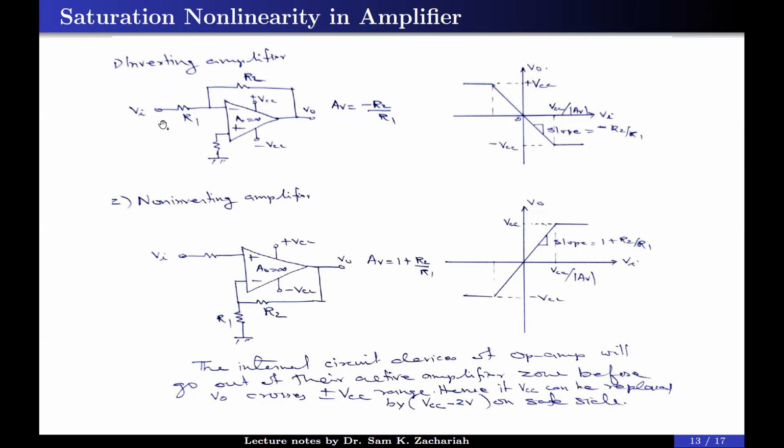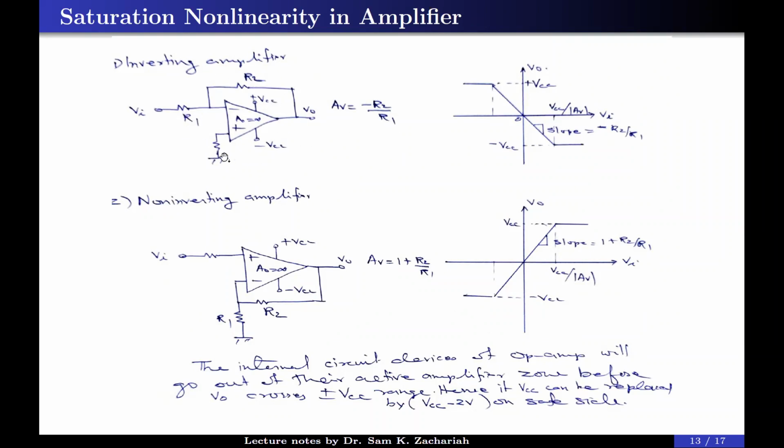So we can easily find that if we put a VI input voltage here, since this voltage is 0, the current will be VI by R1. The same current will go through this direction, making the output VI by R1 times minus R2. So the gain will be minus R2 by R1.